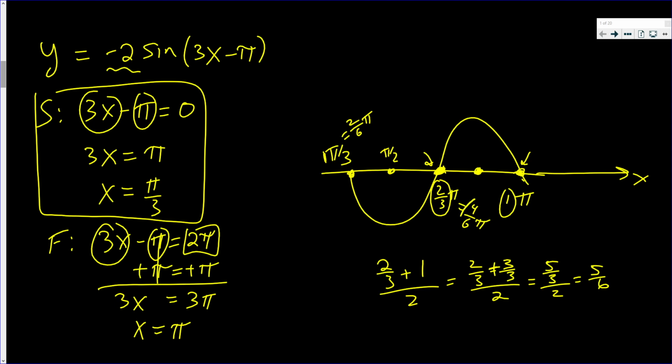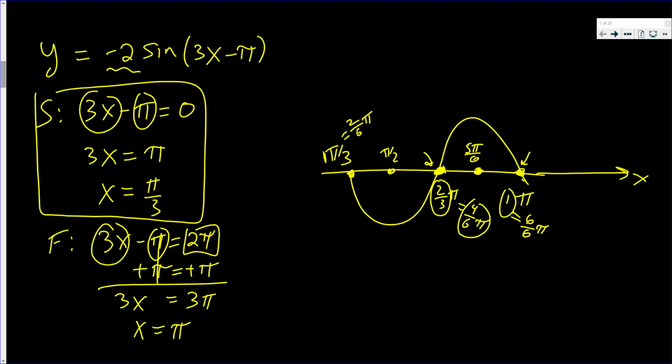Or we can think of 2/3 as 4 over 6, and 1 pi, that's 6 over 6 pi. And what's in between 4 and 6? 5. 5 what? Pi over 6's. Okay. Just find the middle however you like. But it's not trigonometry. It's literally arithmetic.